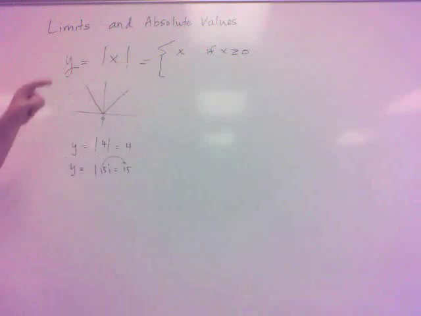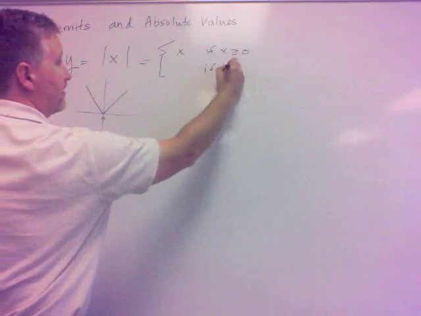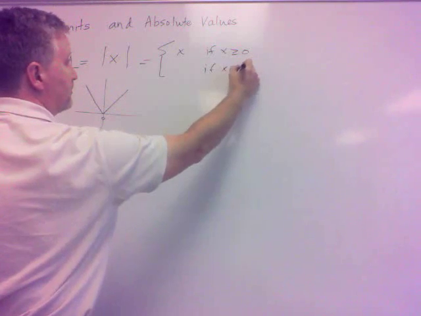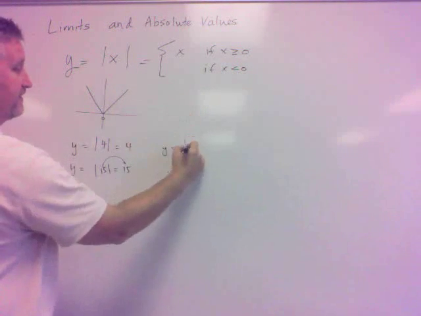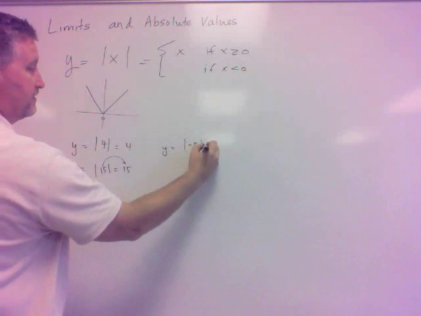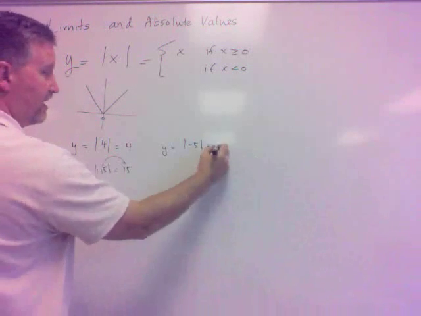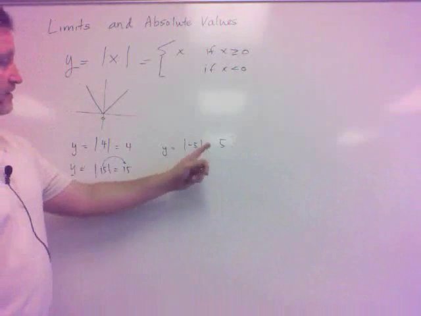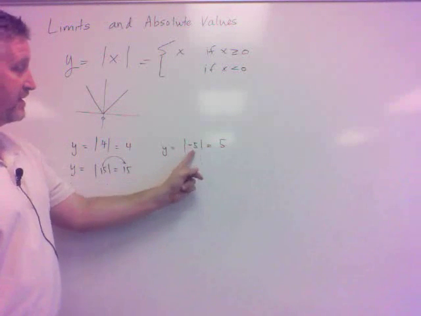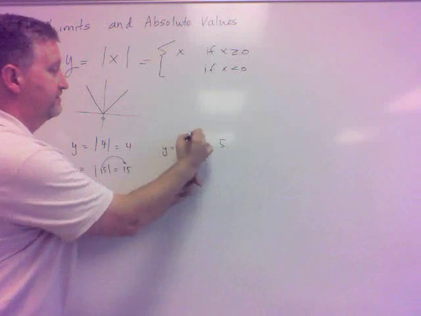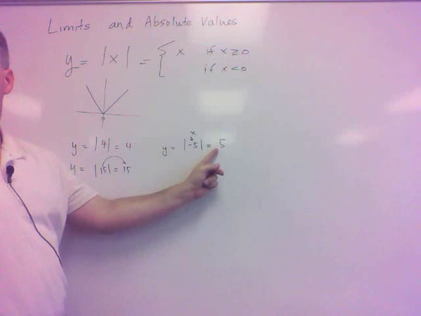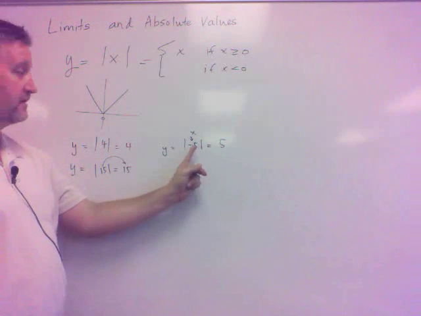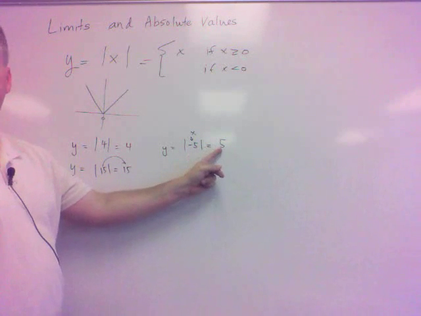Now, what happens if I turn it around and do less than 0? Well, if x is negative 5, say, the answer is still 5, but how does this compare to the x? Here x is negative 5. How does that compare to x? Well, it's the opposite, isn't it? It's the opposite of x. If x is negative 5, this is the opposite of that.